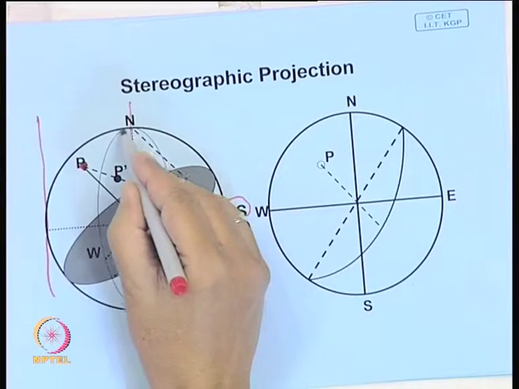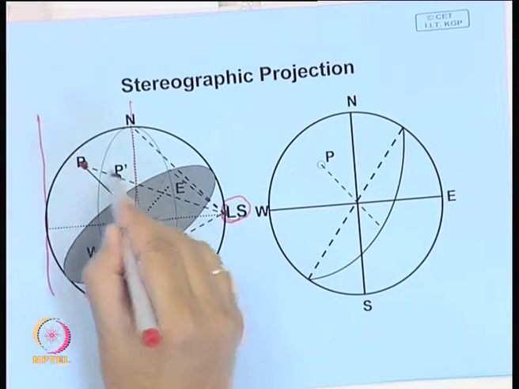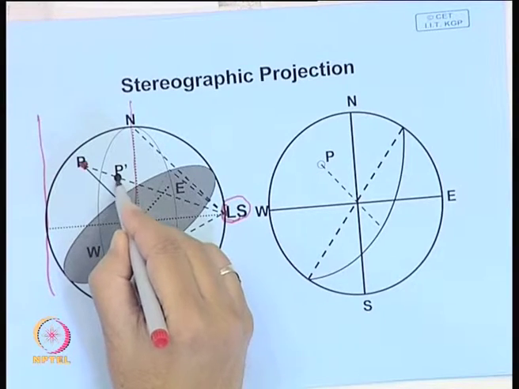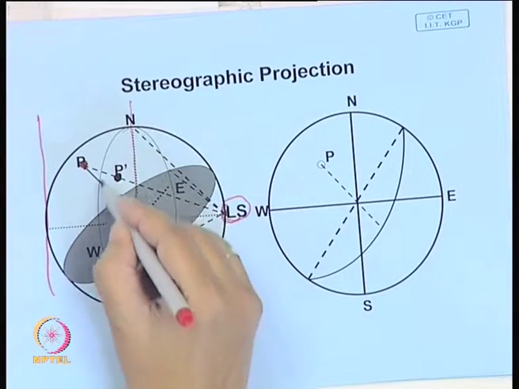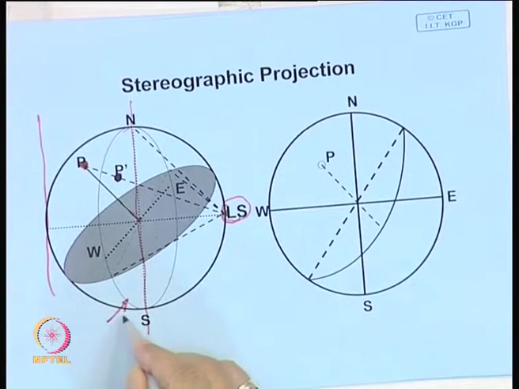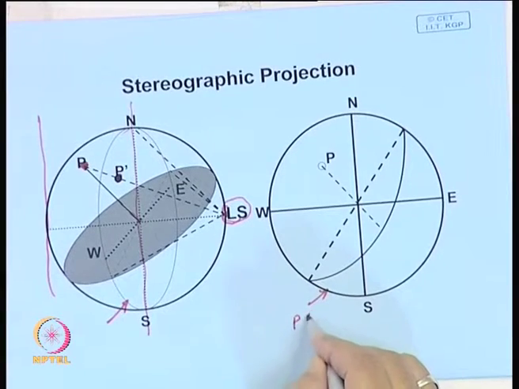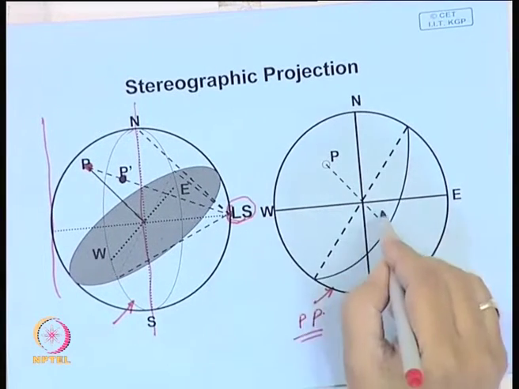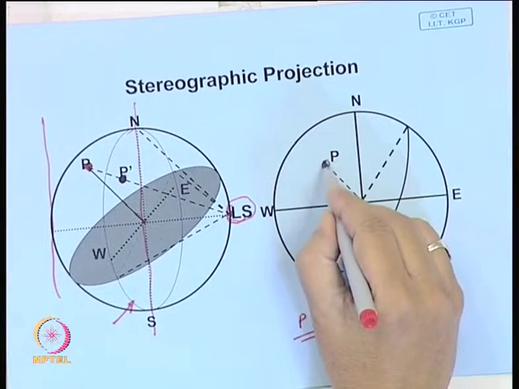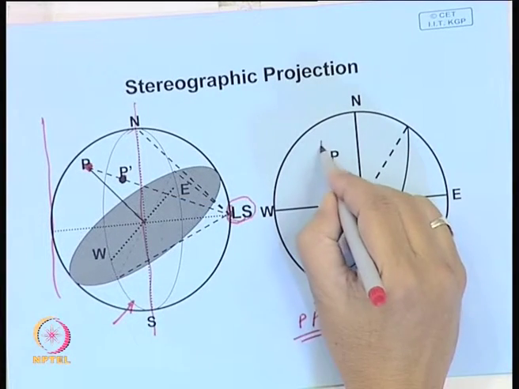Suppose you take a projection on this, you join this with this, and it will intersect at point P. So, this particular plane is called the projection plane, which is shown over here, and this point is shown here. This point is called the pole.